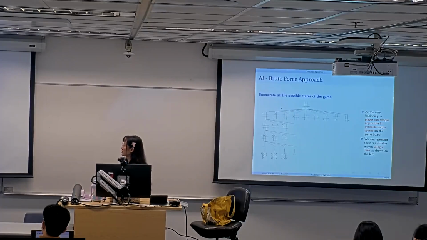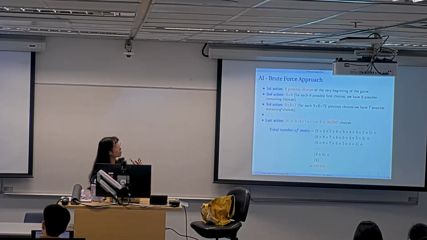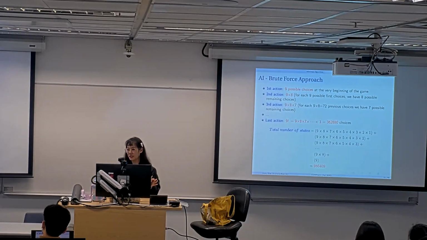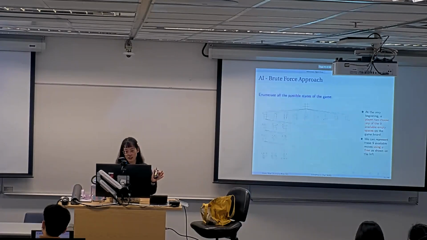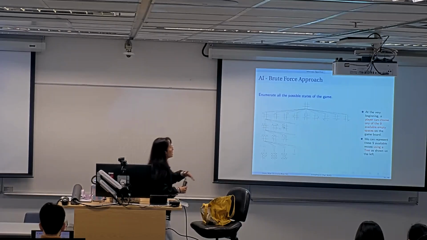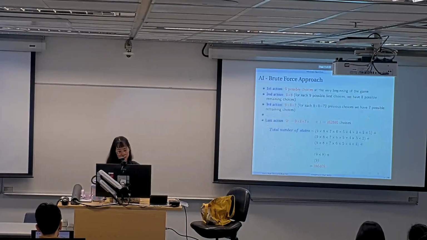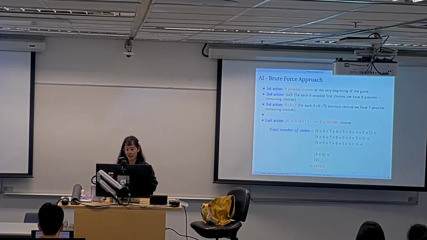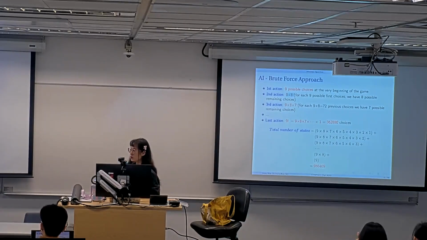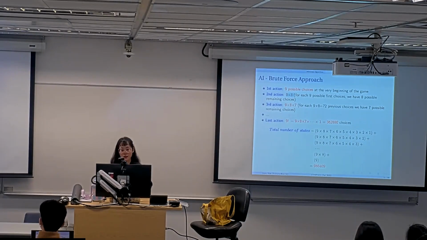As you can see, it will be a super big tree if you want to build such a complete game tree. Let's see how many states there are. For the first action, there are 9 possible choices, right? 9 empty cells. Then the second action, that is the second layer. We count how many nodes are here, and we find that the second layer has 9 times 8, which is 72 nodes, because for each of the 9 possible first choices, we have 8 possible remaining choices.